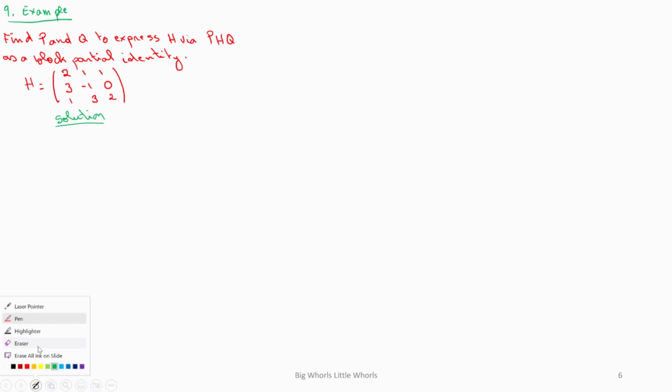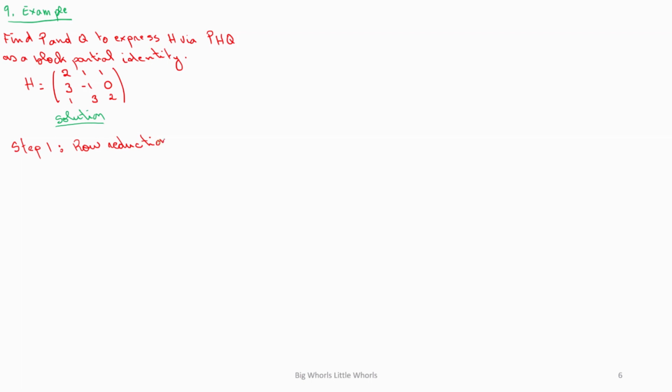So what we are going to do: if you are given a matrix like this and you are asked to find P and Q via block partial identity decomposition, then you go through two main steps. Step 1, perform a row reduction.